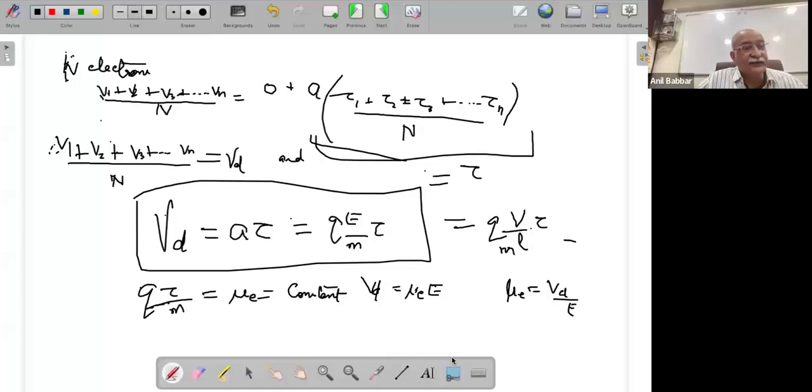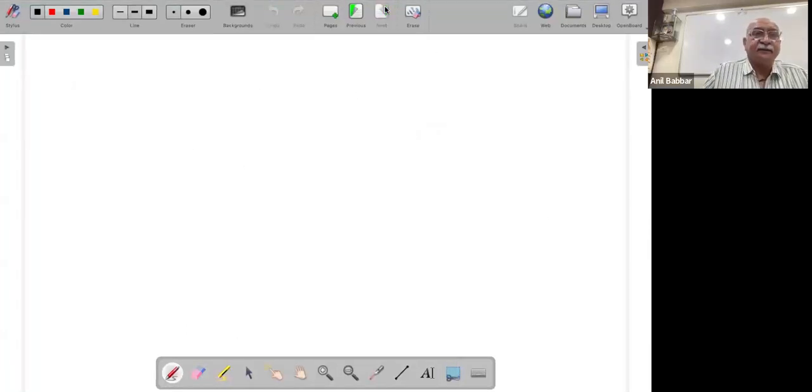Then what is the relation between the drift velocity of free electrons and electric current? So it's again very important. It's really tough to write on this board now.